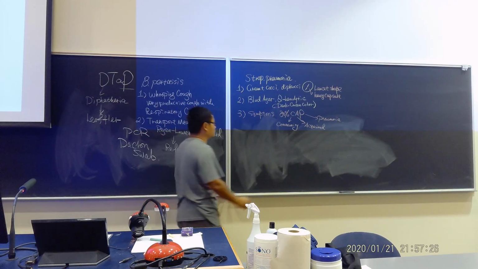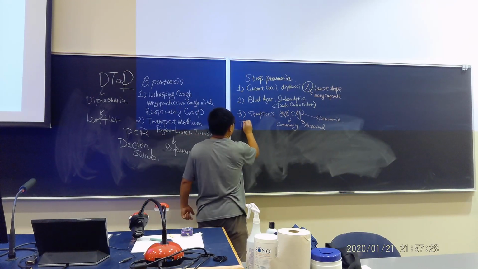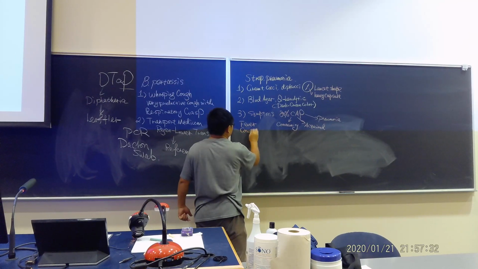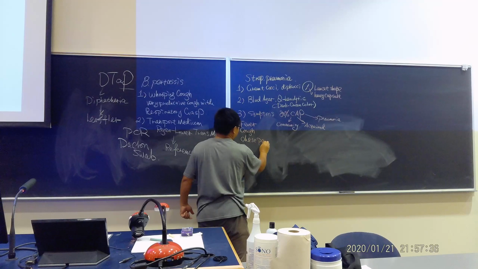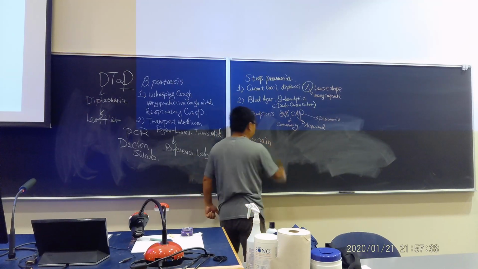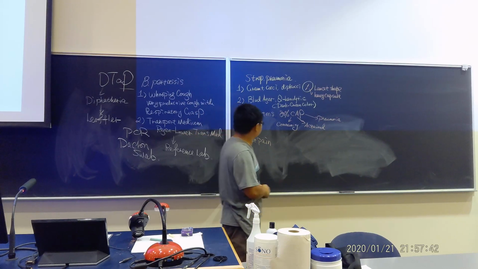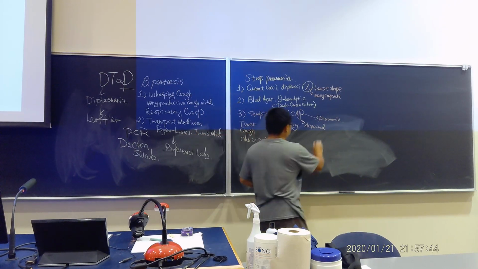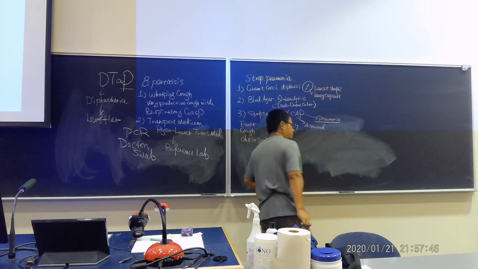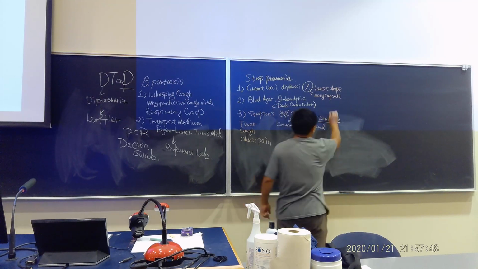Now what are the symptoms? You have a fever, cough, and chest pain. Okay, now be careful. When we talk about pneumonia, this means adult people.